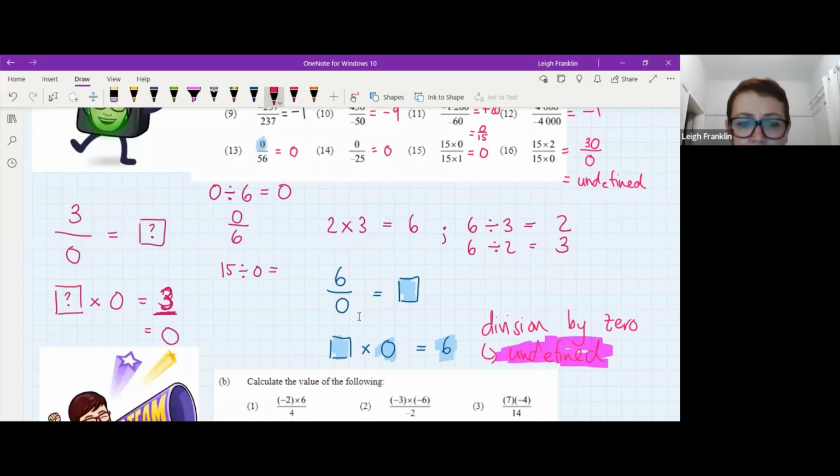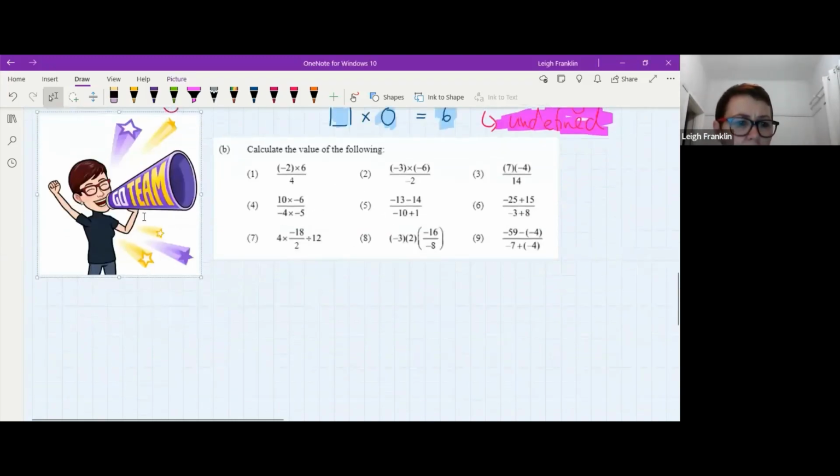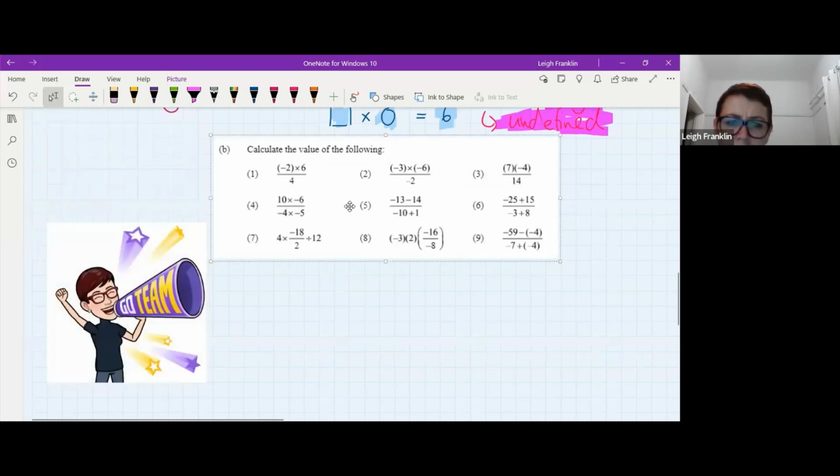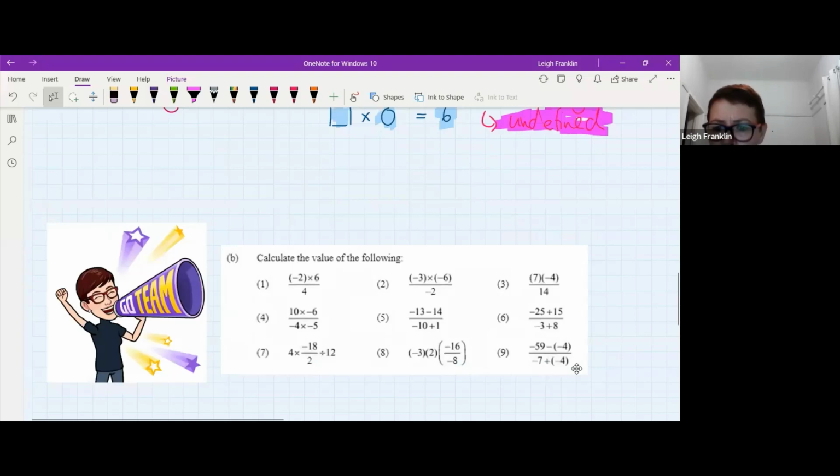When I take a number that isn't 0 and divide by 0, my answer is undefined. Does that answer your question? Yes. Sorry, I think it was just me being silly about how I set it out. It's not actually supposed to be a really difficult thing to understand.